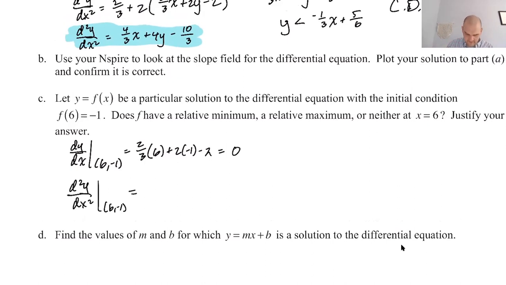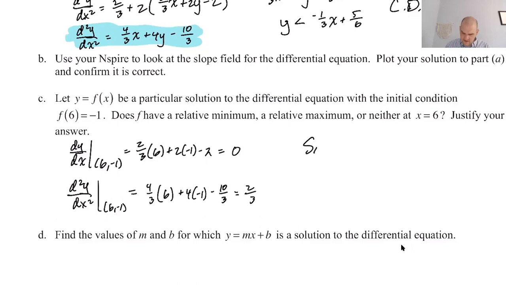So let's first evaluate it. 4/3 of 6 plus 4 times -1, and then minus 10/3. We just really care if it's positive or negative. So 8 minus 4 is 4. 4 minus 10/3, so 12/3 minus 4/3 is 2/3.